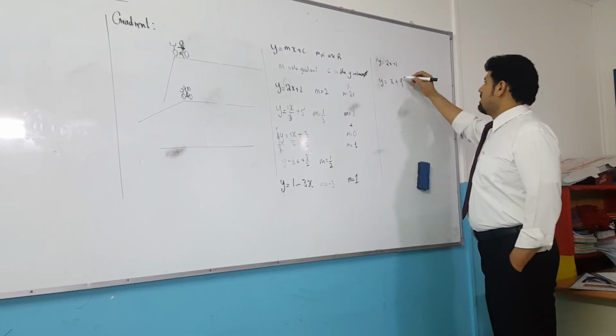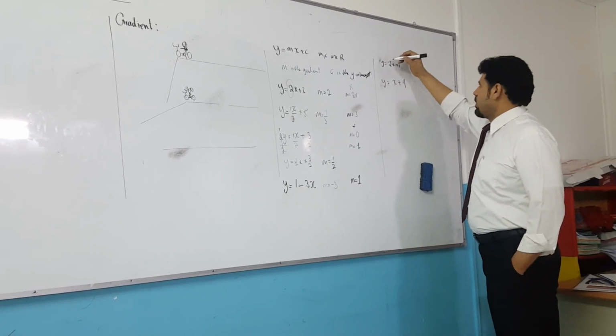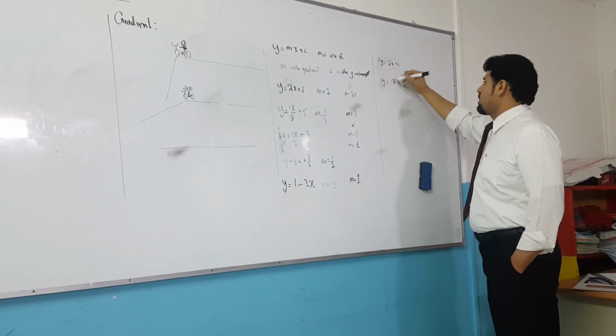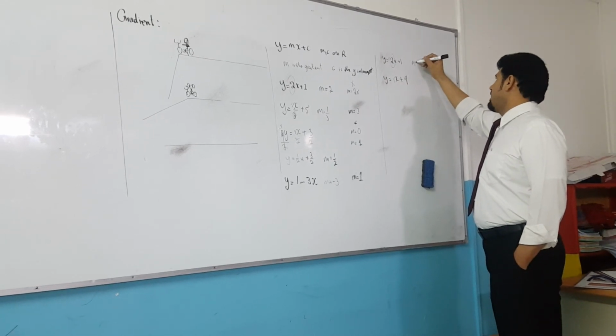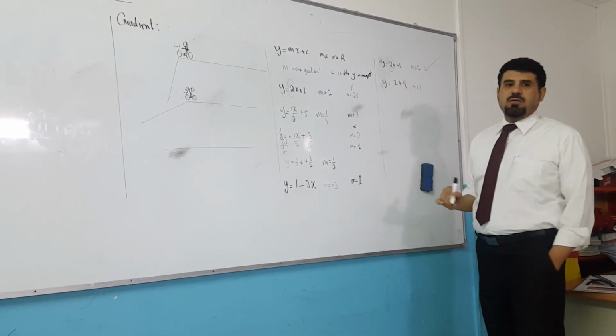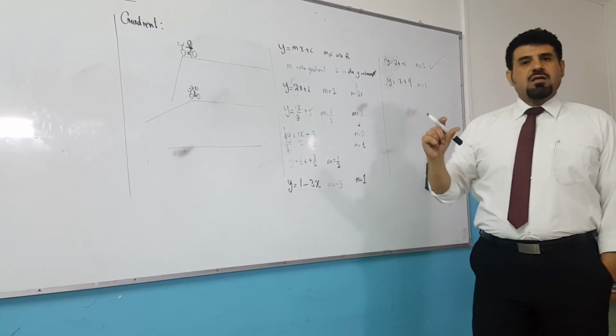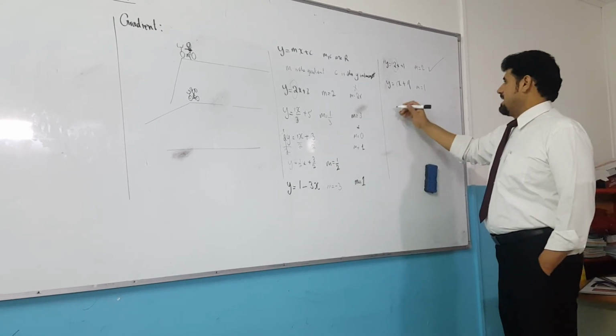Some people think if there's a 9 then this is steeper. No. We look at the coefficients. We compare the gradients. So m here is 2 and m here is 1. So this is steeper. So we look at the value of the gradient. The bigger the value, the steeper the line is.